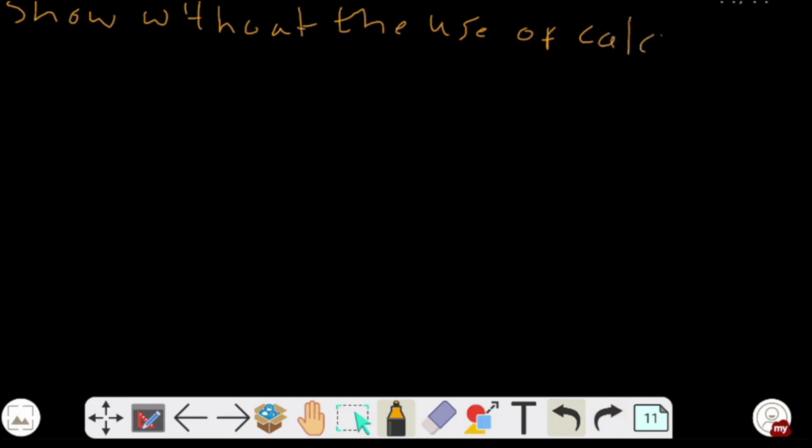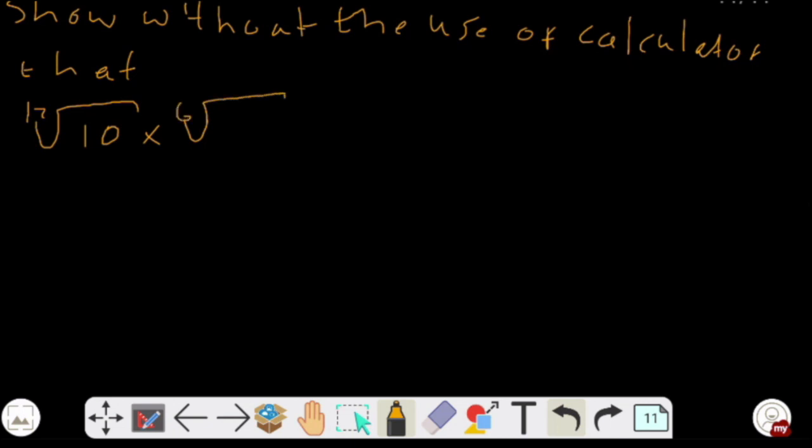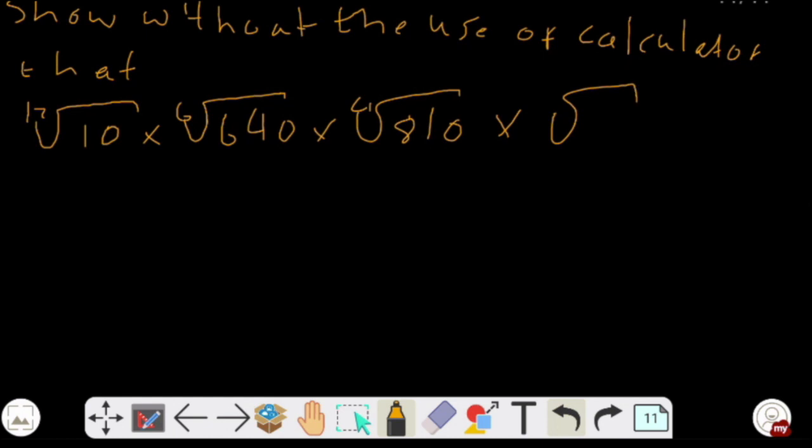Without the use of a calculator, that the 12th root of 10 times the 6th root of 640 times the 4th root of 810 times the root of 40 equals 120.